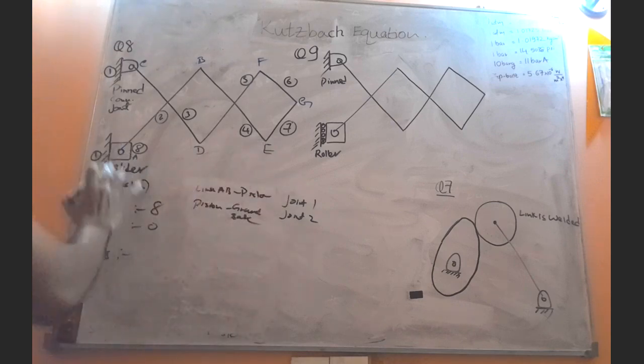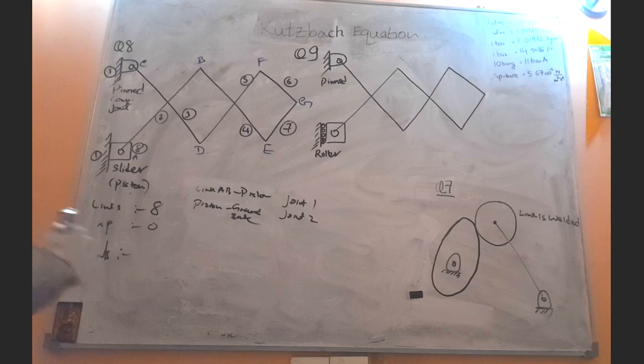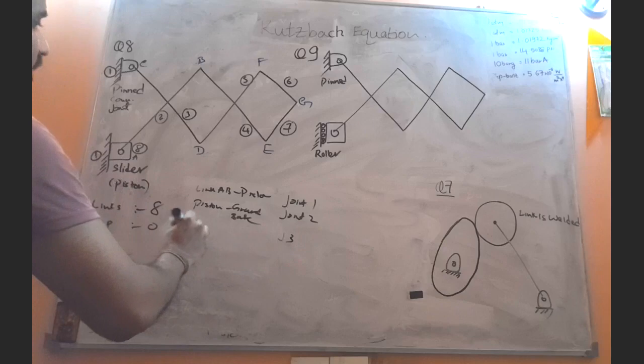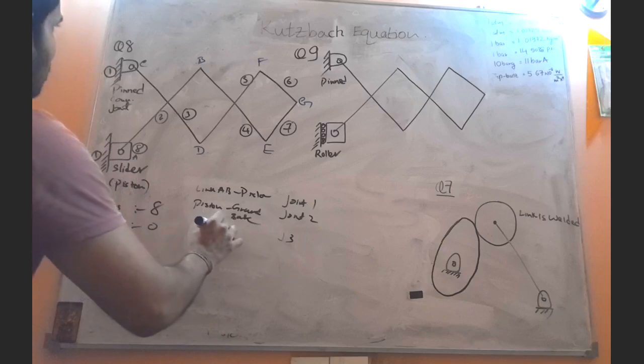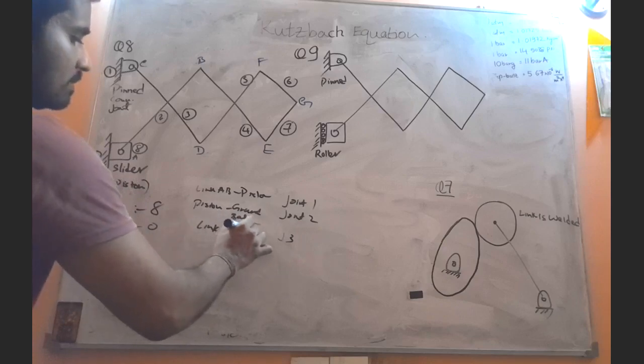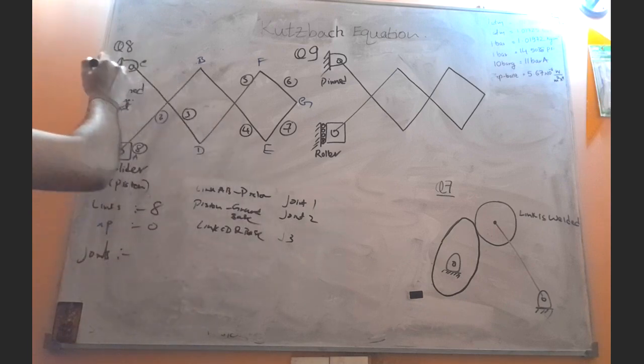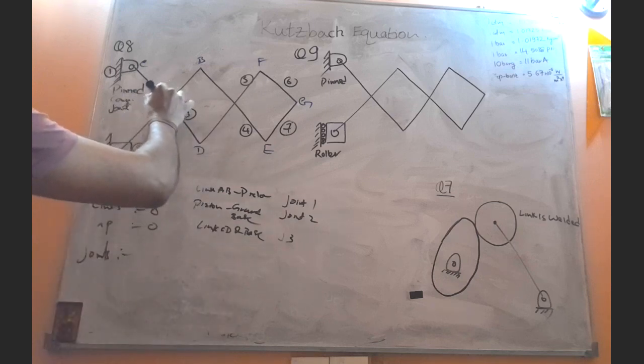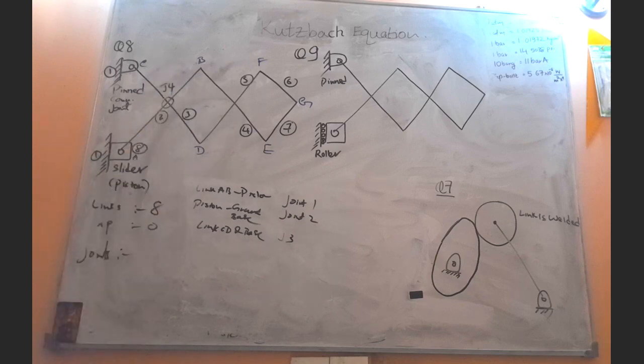That means here we have 2 joints. And here another joint we have, joint 3. I will write it as J3. It is the connection between link CD and base. Joint number 3. Then now this is the fourth joint, J4.